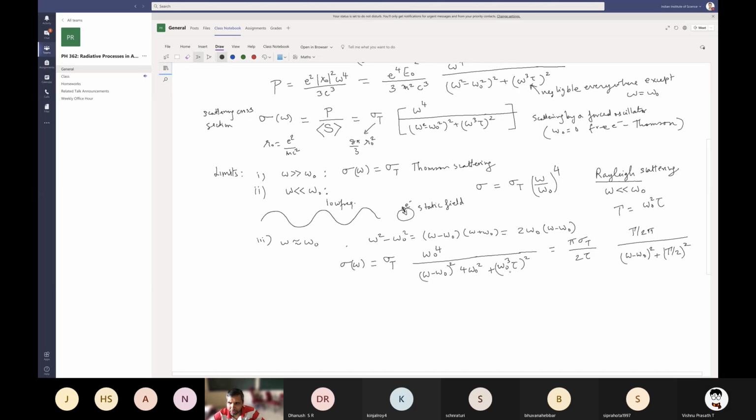The 4 comes down, that gives you gamma by 2 the whole square.